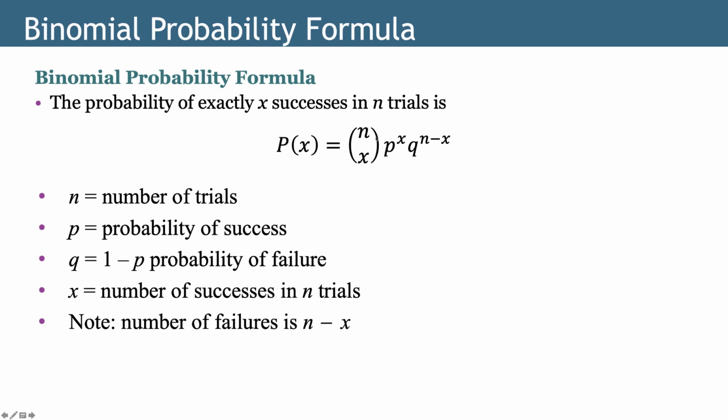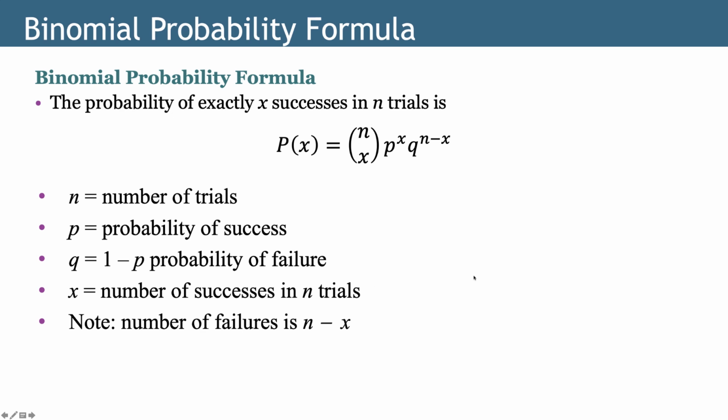Now if you recall from chapter 4, this is special notation for combinations. So this means if I do something n times, how many ways can I have x number of successes? Okay, so that's that notation there. So this is a combination.